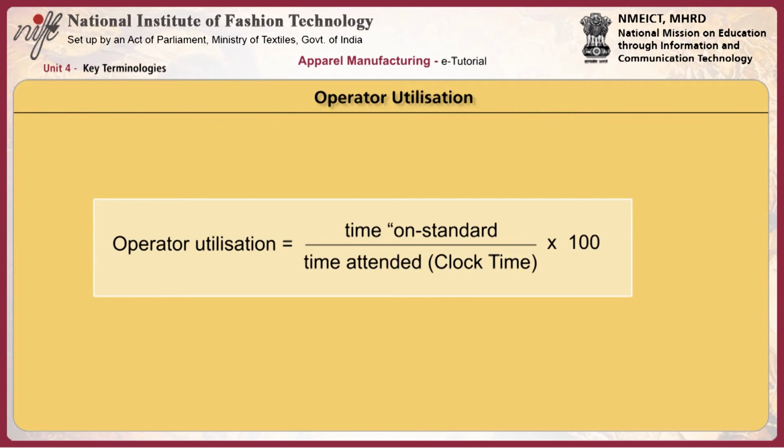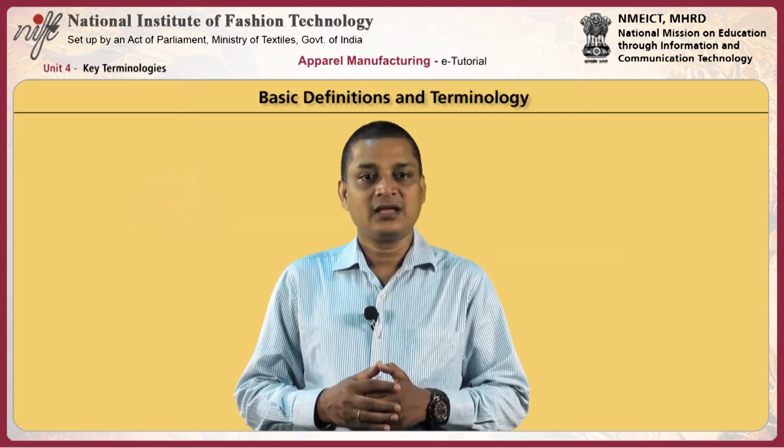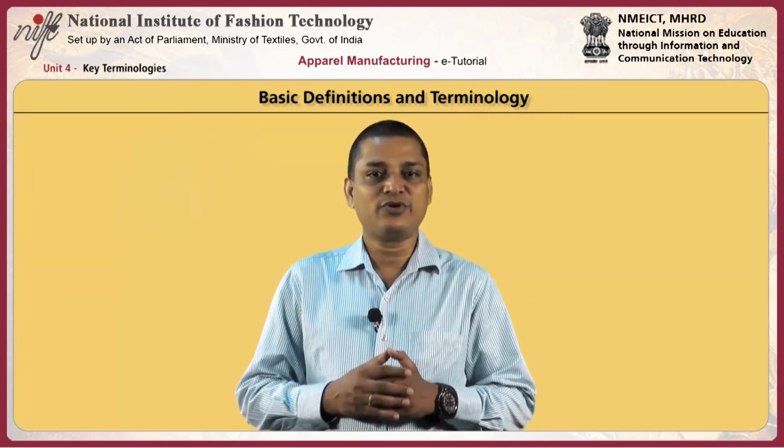Operator utilization is a measure of how well the supervisor manages to keep the operators on standard. That is, time on standard divided by the time attended, that is clock time, multiplied by 100. Let us now look at some more definitions.